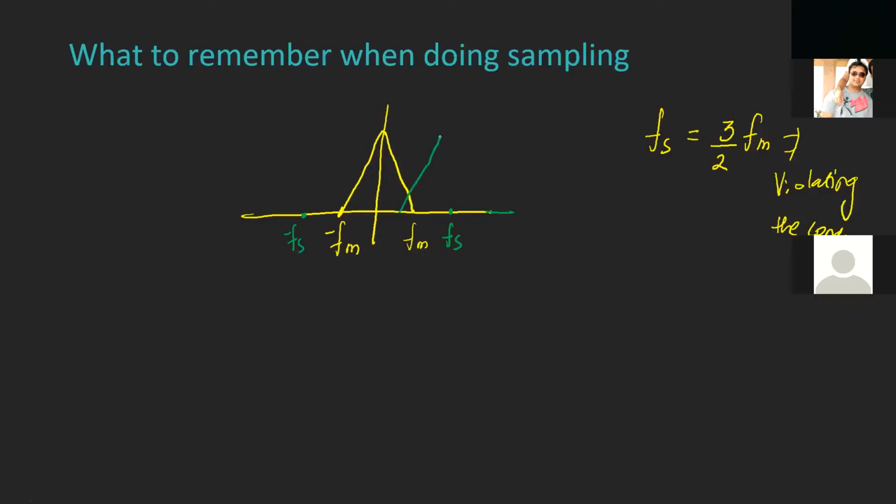My next spectrum will be like this, because this point will be fs minus fm. Fs is 3/2 fm, so that will be 3/2 fm minus fm, which is fm by 2. That's why the green spectrum is overlapping with the yellow spectrum. This interference or overlapping is known as aliasing.